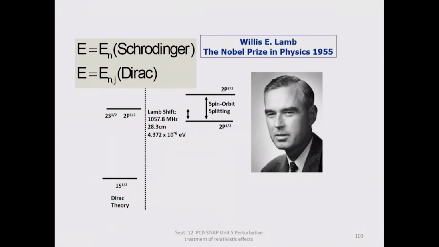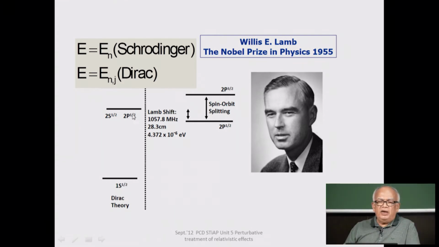through the Lamb shift. So, in the Dirac equation, the eigenvalues depend on the J quantum number. The J quantum number for the 2s 1/2 and the 2p 1/2, both are J equal to 1/2. But then there is a Lamb shift over here which pulls down the 2p 1/2 compared to the 2s 1/2.